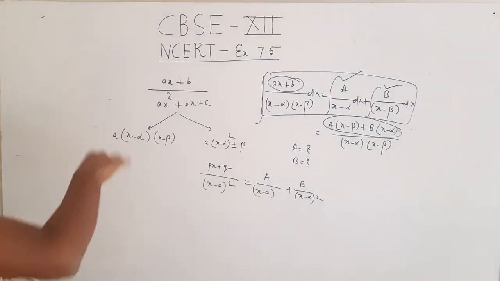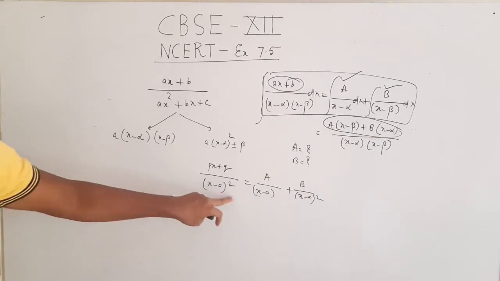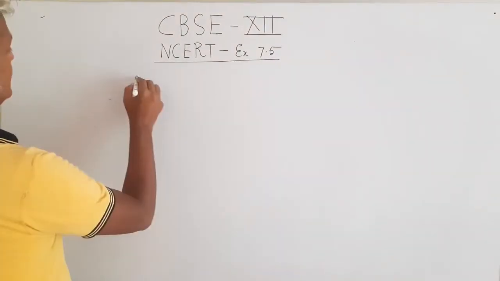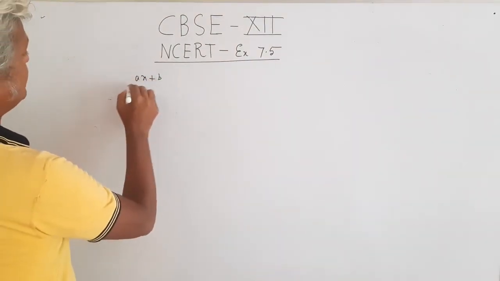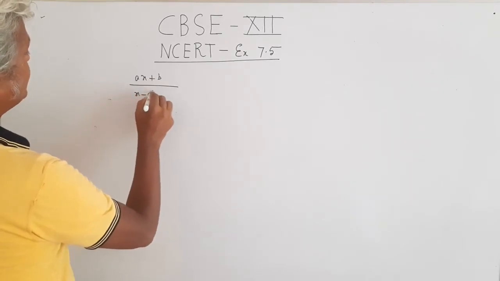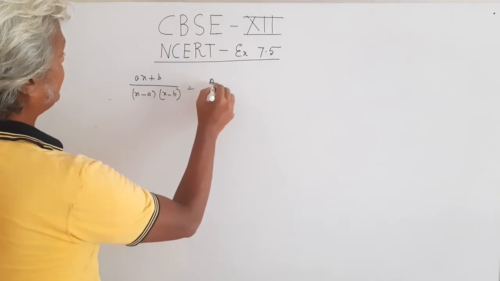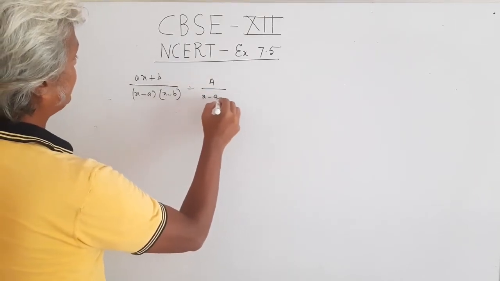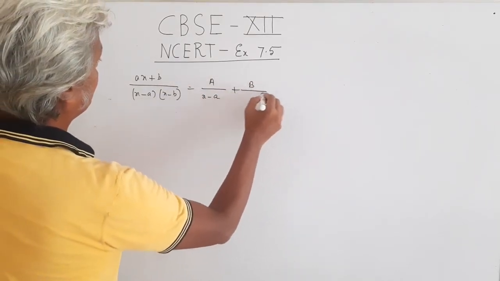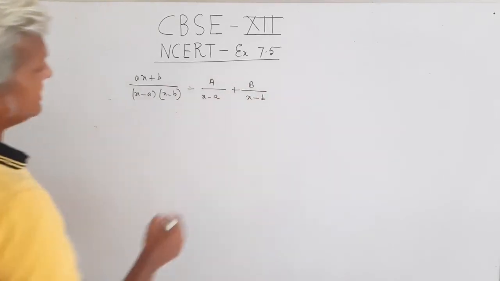So let me clear these forms and then I write these four kinds of forms directly. This is (ax + b) over (x - a)(x - b). This you can write as A over (x - a) plus B over (x - b).